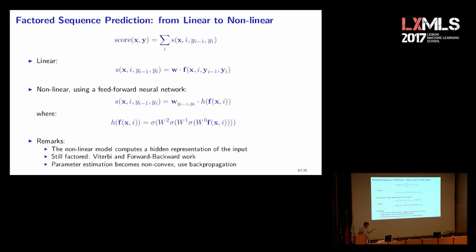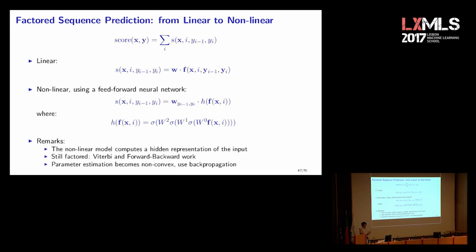So that maintains linearity. Each part has a score. Today we saw methods where this score is given by a linear model, which means that, because this maintains linearity, the scores of my input-output structures are linear in the weights.